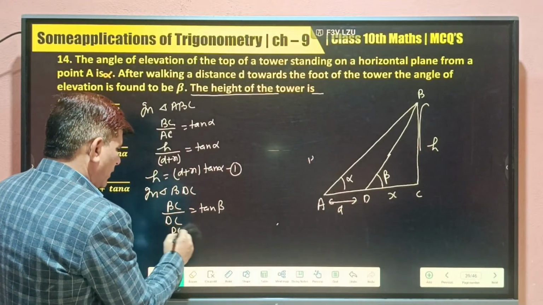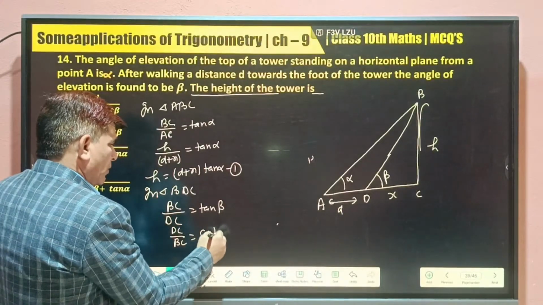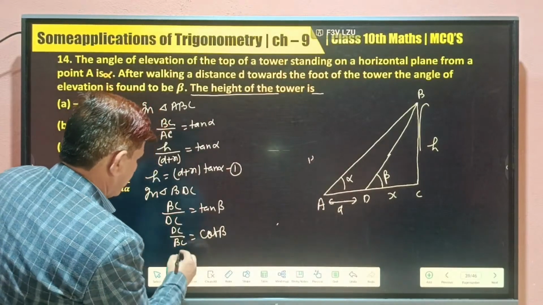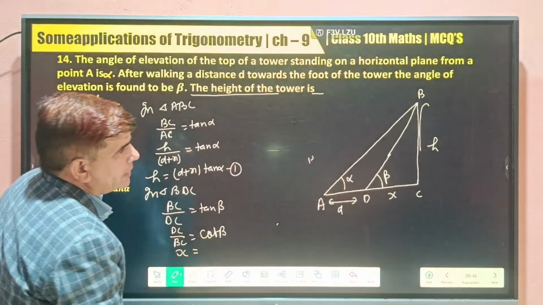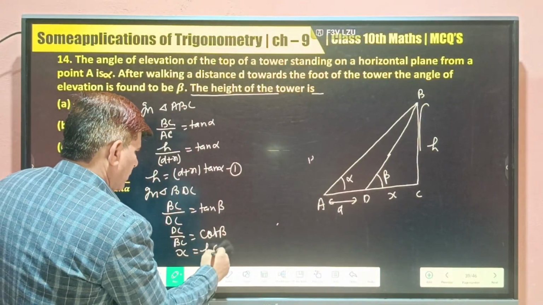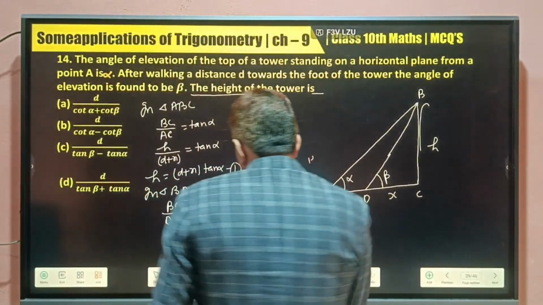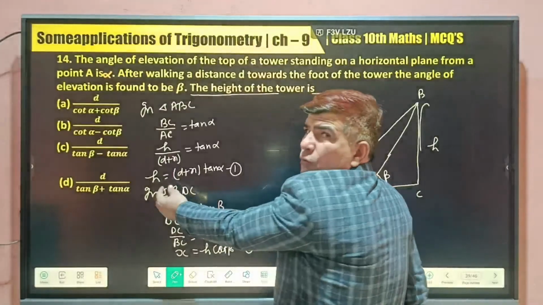Taking the reciprocal, DC by BC is equal to cotangent beta. DC is X, and BC equals H. So X by H equals cotangent beta. This is your second equation.